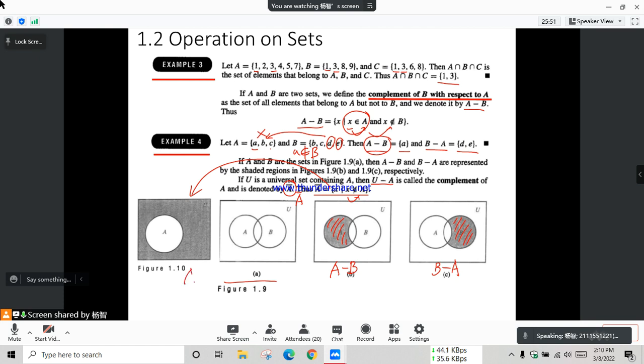This is the complement of A. The shaded part is all the elements that do not belong to A. So it's also equal to U minus A. It means these elements belong to the universal set but do not belong to A.